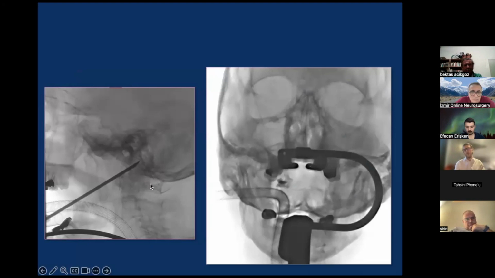This lesion was close to the course of the right vertebral artery. So we also navigated a balloon in the right vertebral artery through the radial access and inflated the balloon during the injection of cement. And this is the cast of cement after injection in the lesion involving the right occipital condyle.